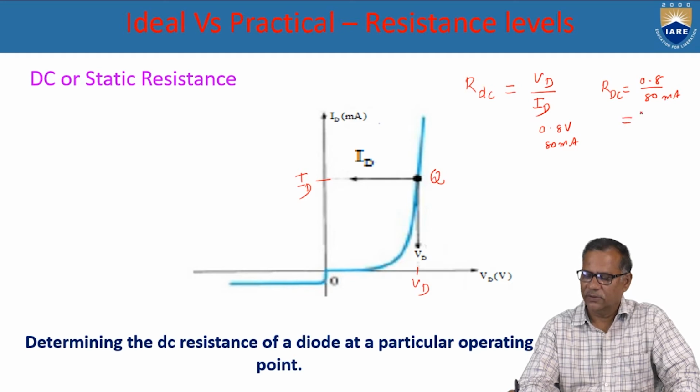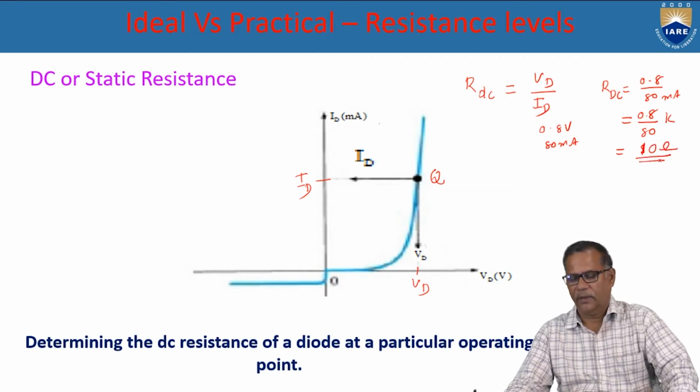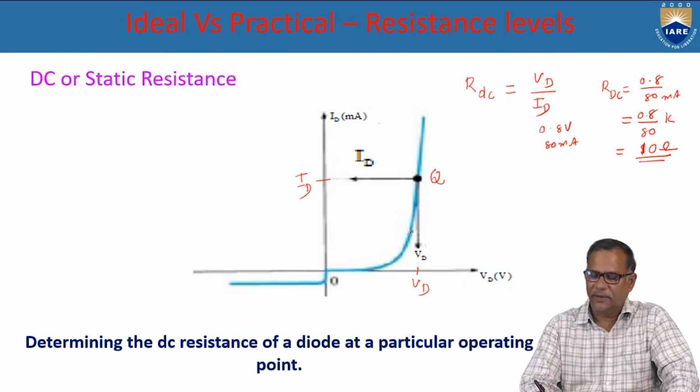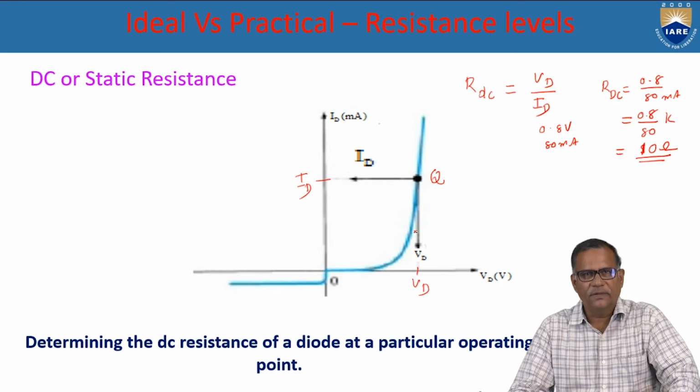So that is equal to 0.8 by 80 K, so that is equal to 10 ohms. So as we move across this characteristic curve, we get different values of resistances.